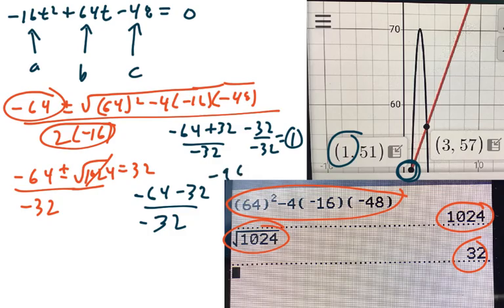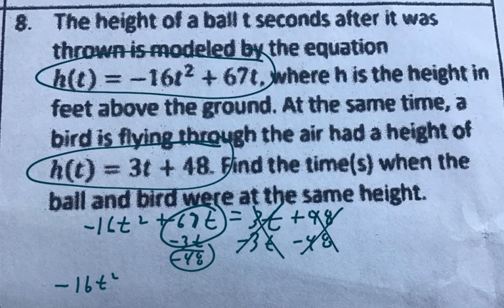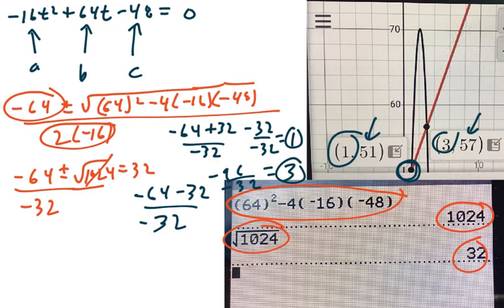This is negative 96 over negative 32. That's a positive 3, which is right there proven by decimals. If we needed the y values, we would take the 1 and 3. We would plug it into our easier equation to find 51 and the 57 respectively.